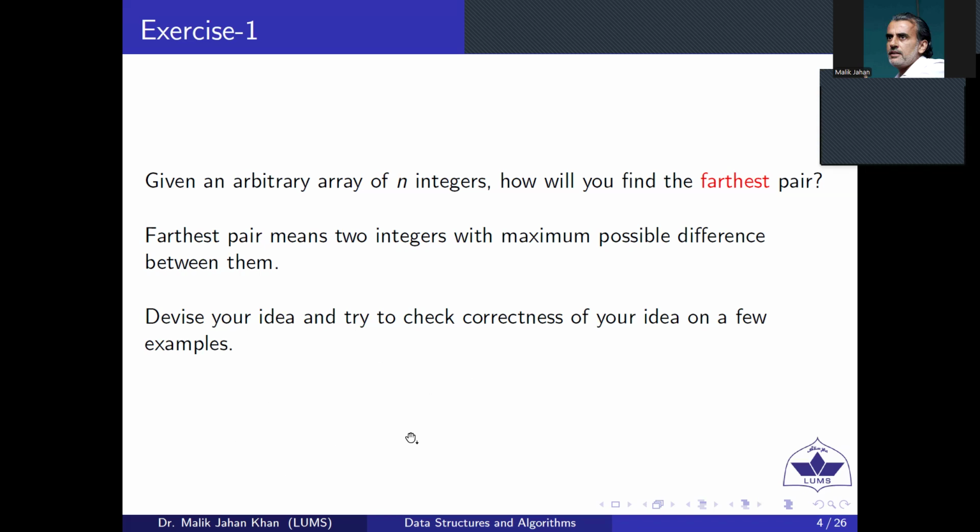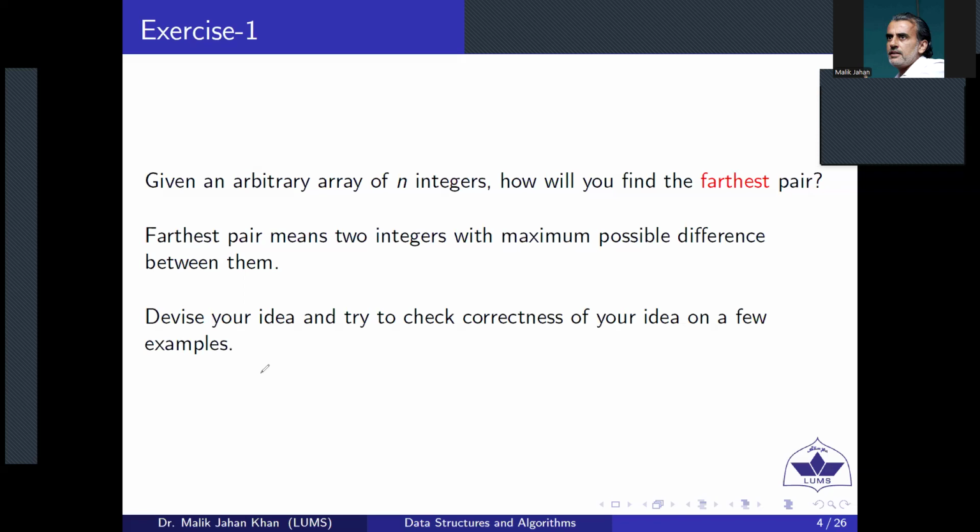So if you recall the idea of scanning an array. For example, if we have been given an array of n integers, let's say we have an array of 5 integers. They have been stored in some order, and that order is not necessarily the one which is this one.